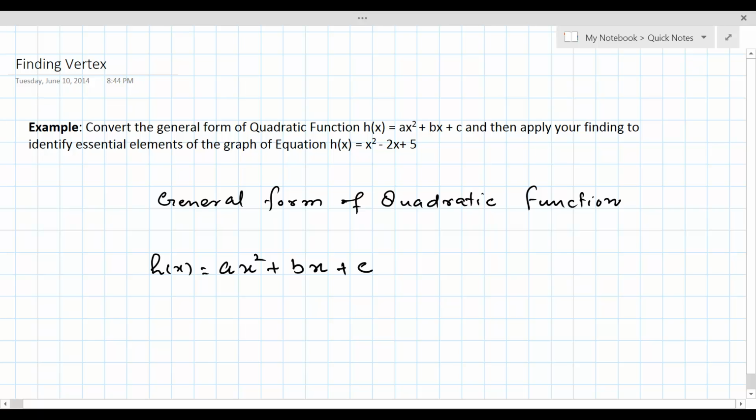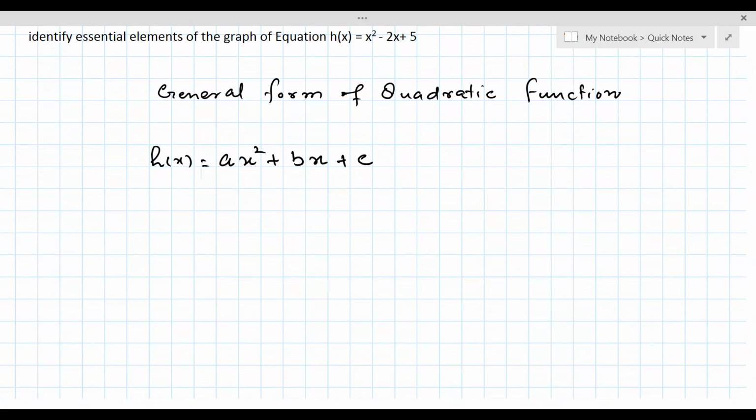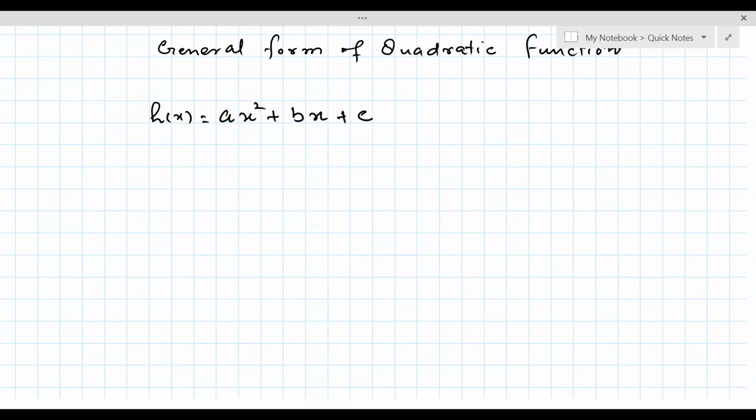If this is the quadratic function, we want to convert it into vertex form. For that purpose, we'll complete the square.